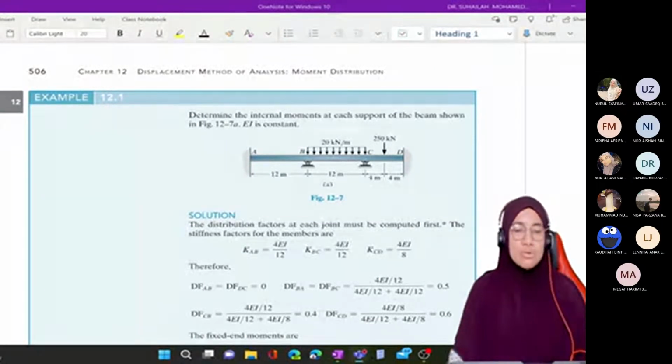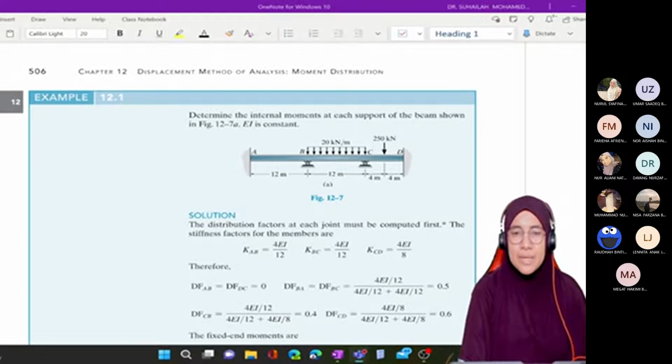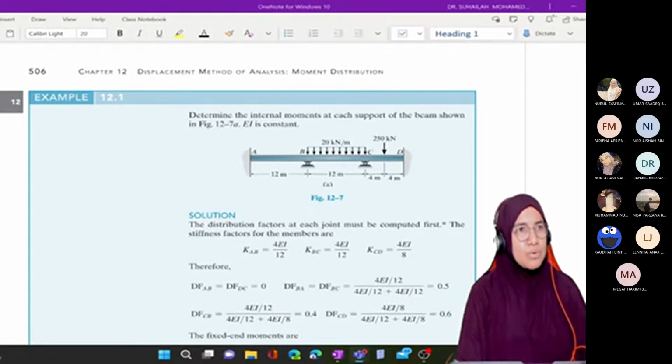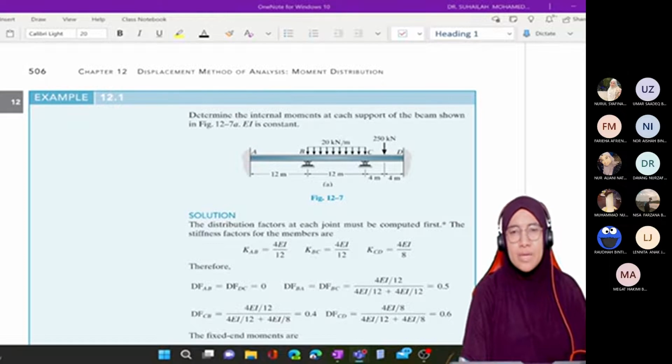So we will go through the example in the textbook. If you have a question, you can switch on your microphone and ask.